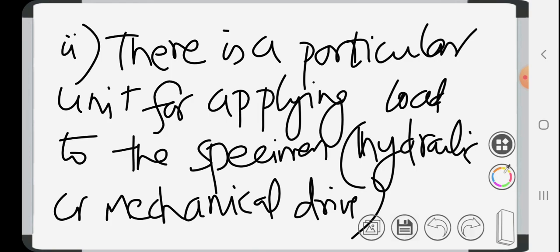So there is a particular unit for applying the load to that specimen. It may be either hydraulic or mechanical.